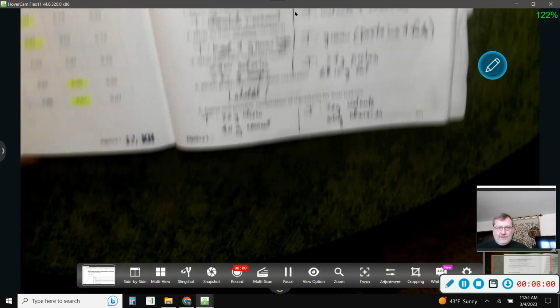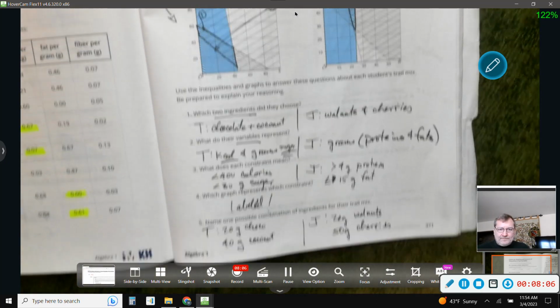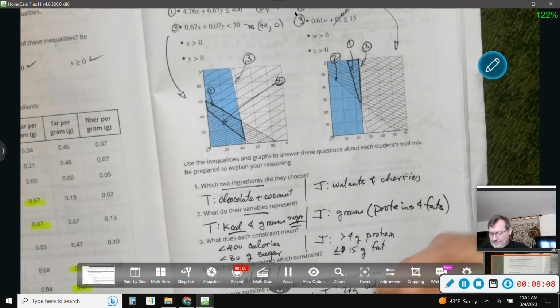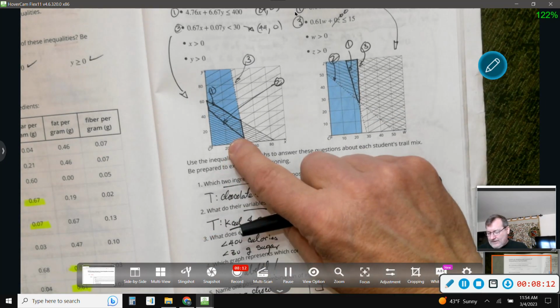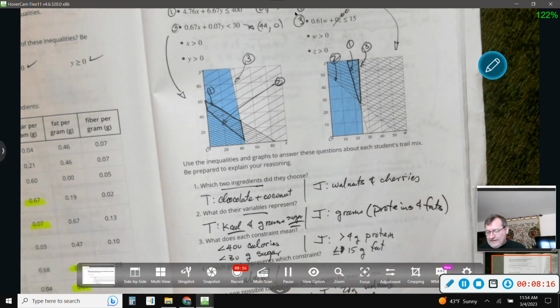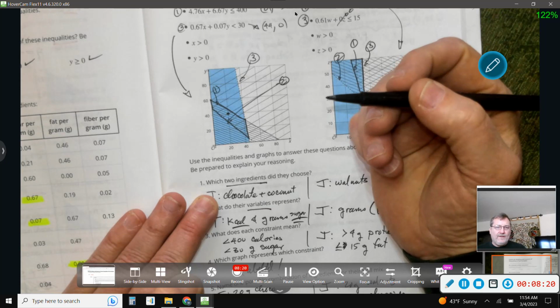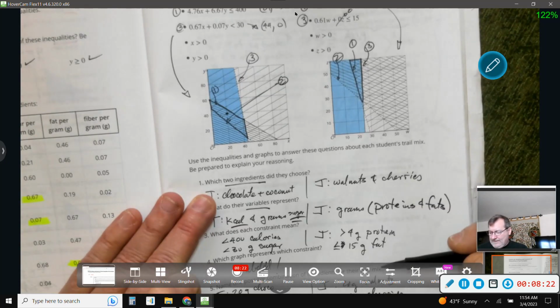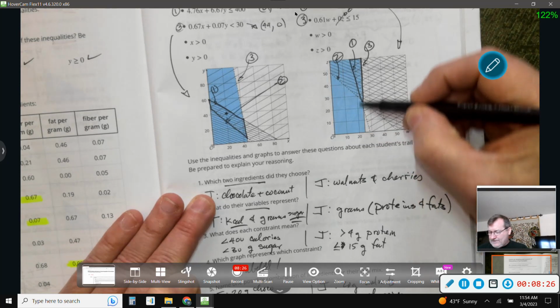And so let's see. Number 5, name one possible combination of ingredients for the trail mix. Well, for this first one, for Tyler, I said it would be 20 of chocolate and 40 of coconut. So it's like a little dot right about there. That looks like it'll work for them. And then for Jada, I said 20 of walnuts and 50 grams of cherries.